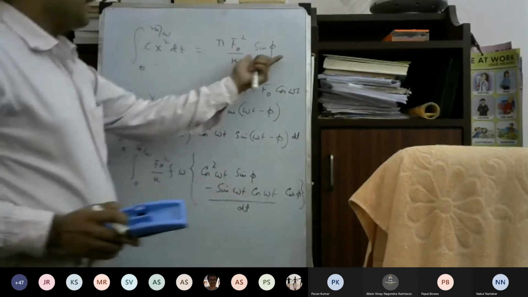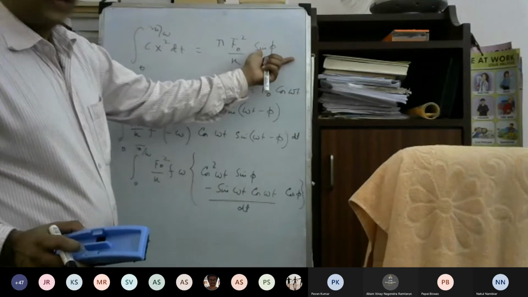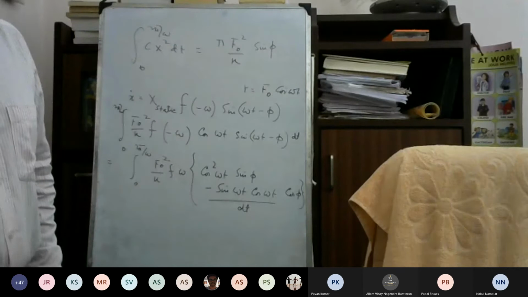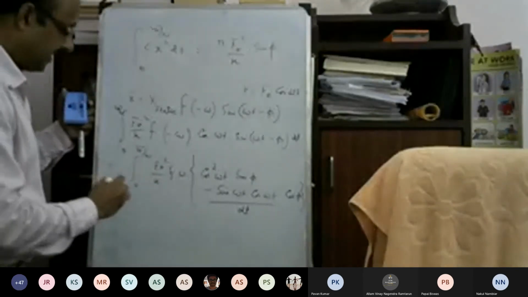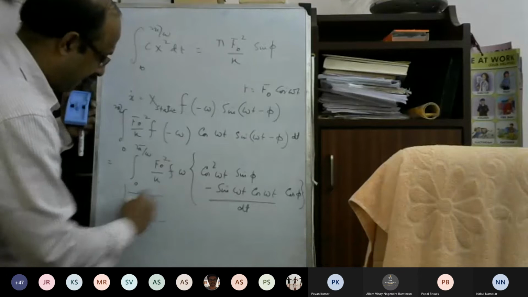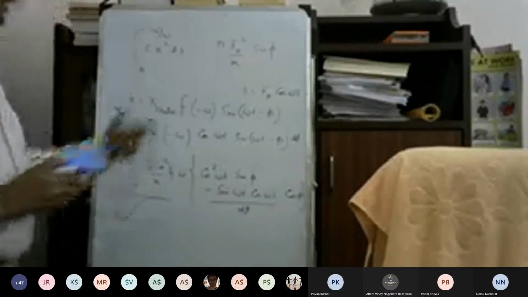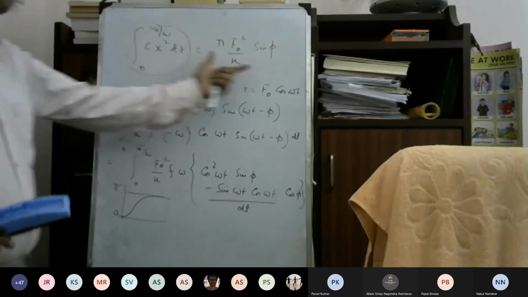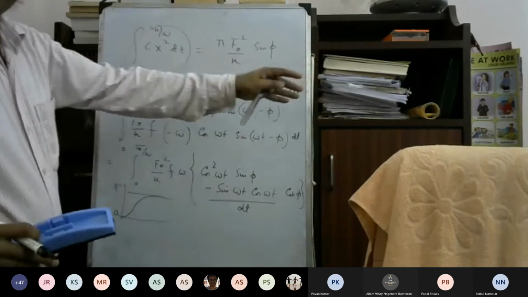That means sine phi will be positive, and that means phi has to lie between 0 and pi. Okay, and that's exactly what we have seen in our case, that the phi value is lying between 0 and pi. So that is in order, because the energy is being dissipated over there, and the same amount of energy is being supplied by the source.